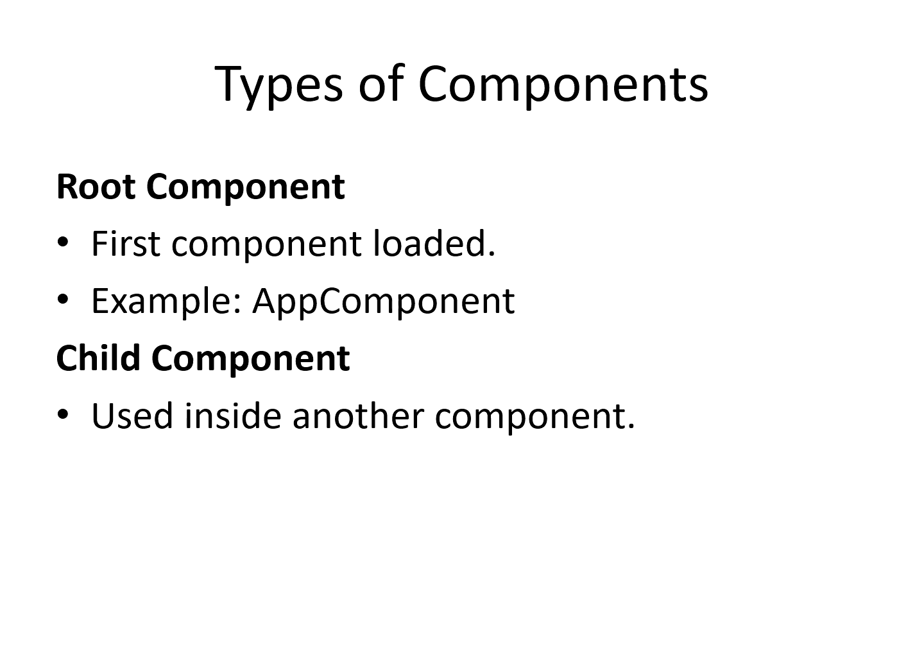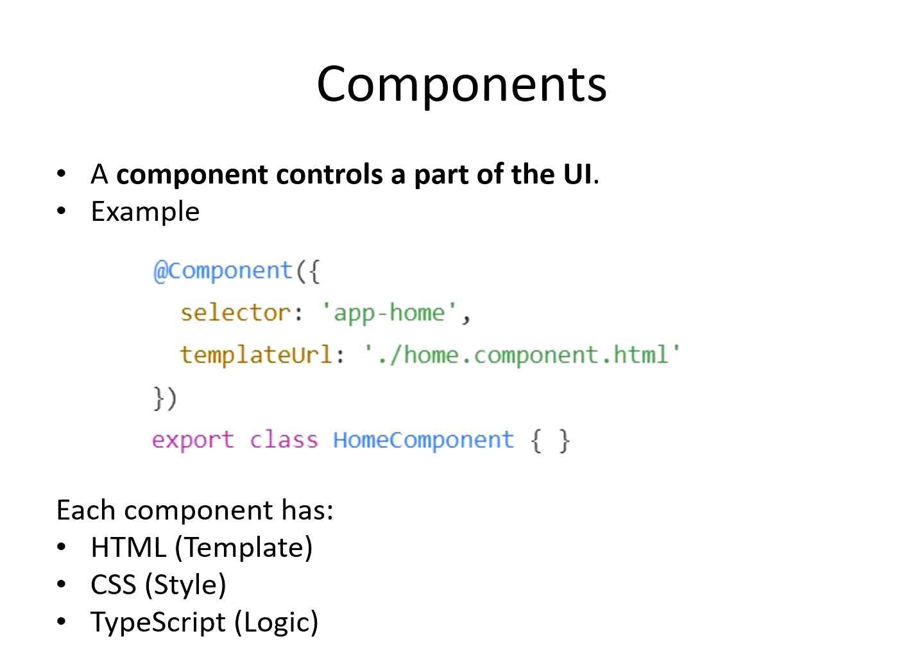We can also create a number of components. The first application component will be the root component, and the remaining components we create will act as child components. This is the general structure of a component, where a class is defined as a component by using the component decorator.